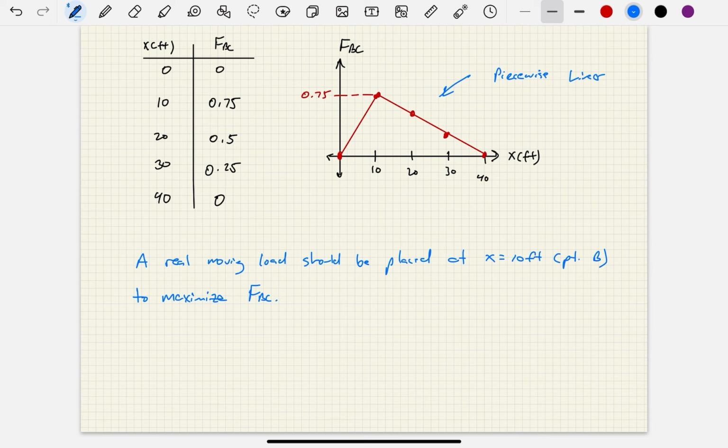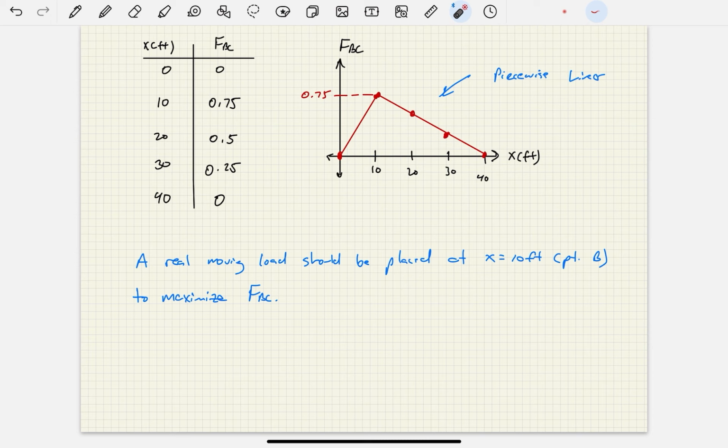Now, if you had a real moving load with some magnitude, let's say 7 kips or 23 kilonewtons or P, whatever the magnitude is, what would we do? Well, we would multiply the influence ordinate, in this case, this maximum value of 0.75, by P, the real moving point load, and you would get what that real force is in BC for a real moving point load, okay?